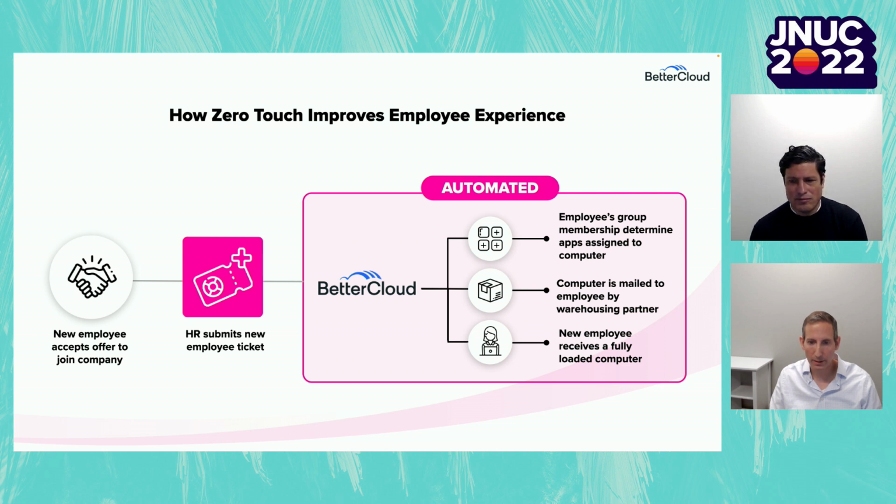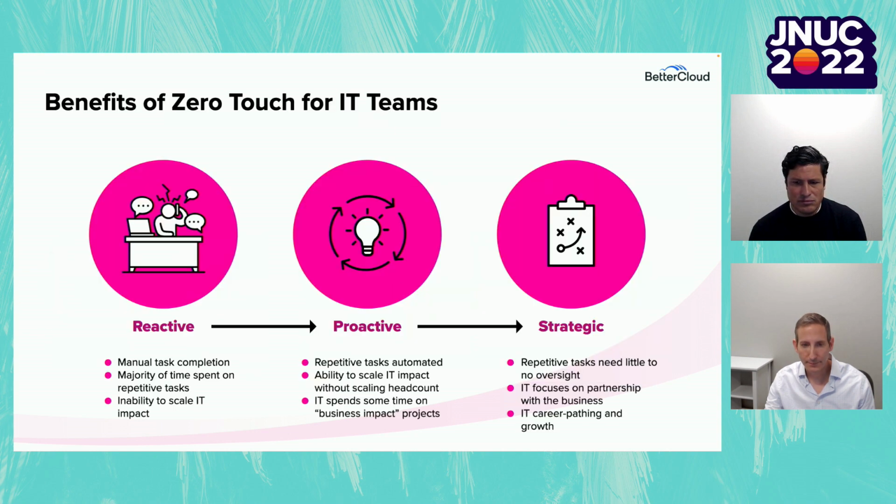They're able to get to work on that very first day. They don't have to jump through a bunch of hoops later to get access to the things they need to do their job. So, just one example of many when we talk about zero touch, but one that I think hits home for many of you in this audience when you think about the typical work required to provision a new laptop and get that sent to the employee.